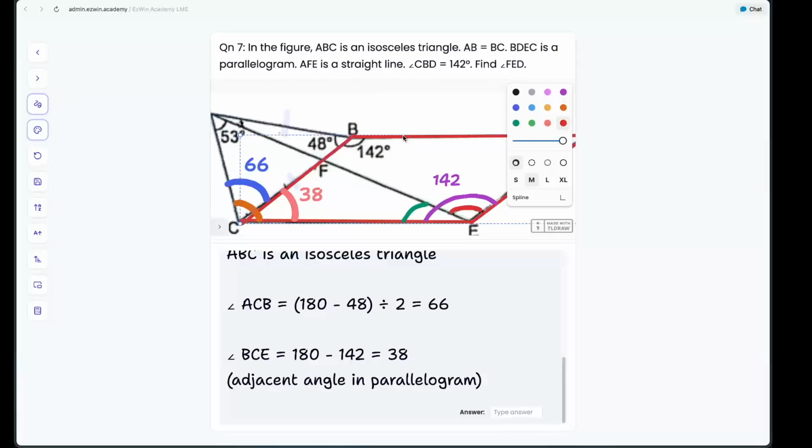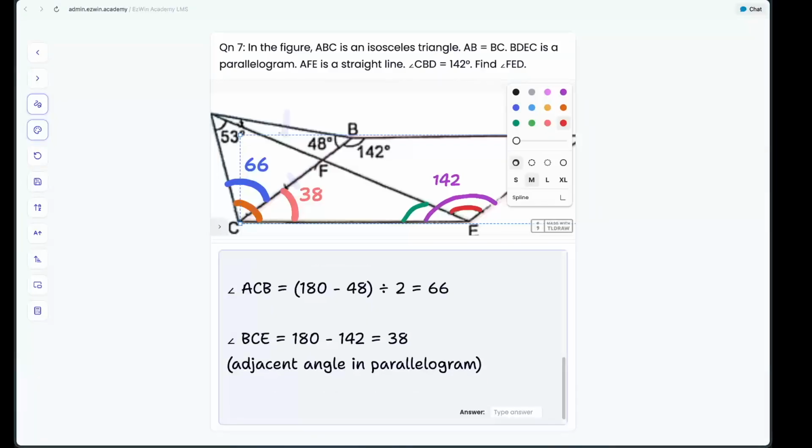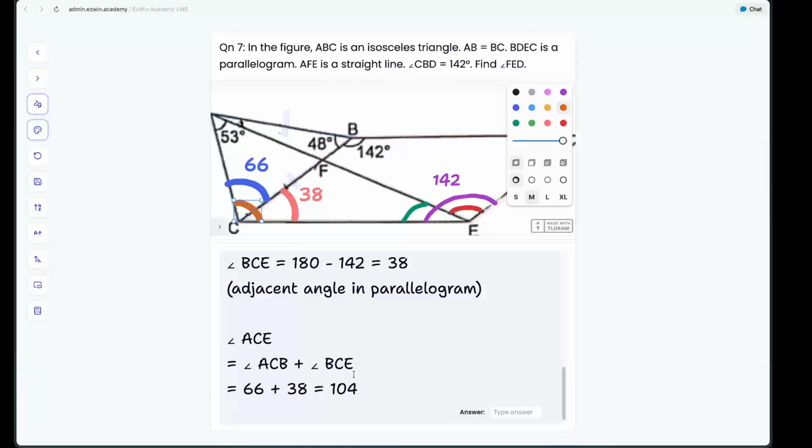Now we know the two angles needed to get the orange angle, so we can just add them. We add the blue angle and the pink angle to get the orange angle. So ACE, the orange, is ACB blue plus BCE pink, which gives 104 degrees.